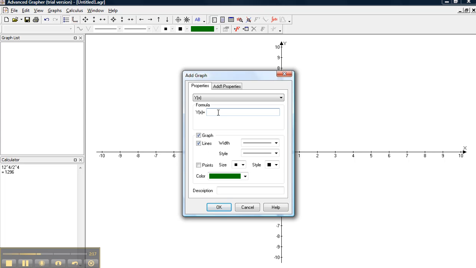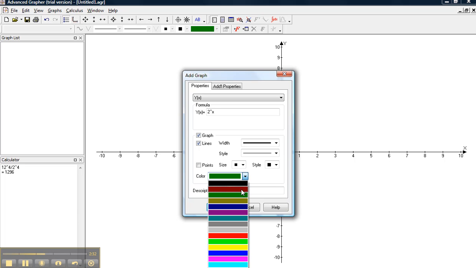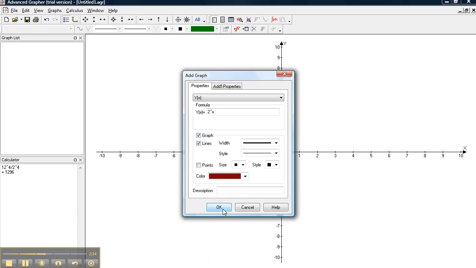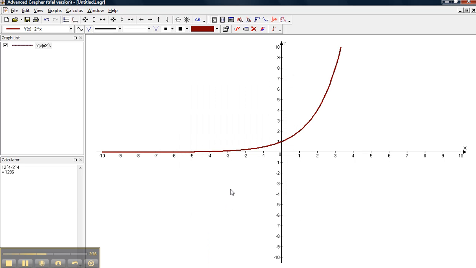Let's graph y equals 2 to the x and see what happens. Let's say I want my line to be bold, and let's use this color here. That's y equals 2 to the x. Does that make sense to you?